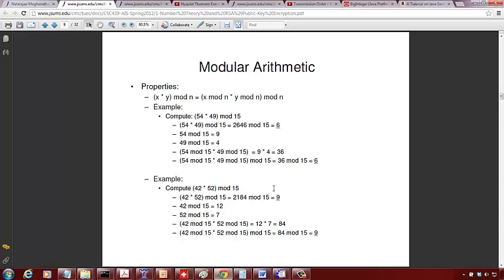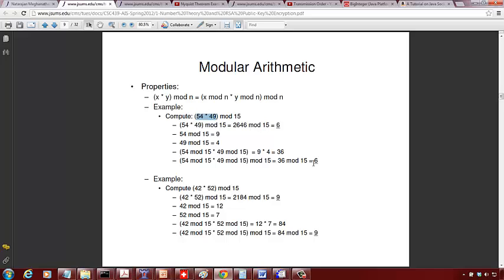Alright. So similarly, when you do multiplication, 54 times 49 mod 15 is nothing but 54 mod 15 is 9, 49 mod 15 is 4. So when you take this mod operator inside, you basically get 9 times 4, which is 36. So 36 is not less than 15. So what do you have to do? You have to divide 36 by 15, get the remainder, which is 6.